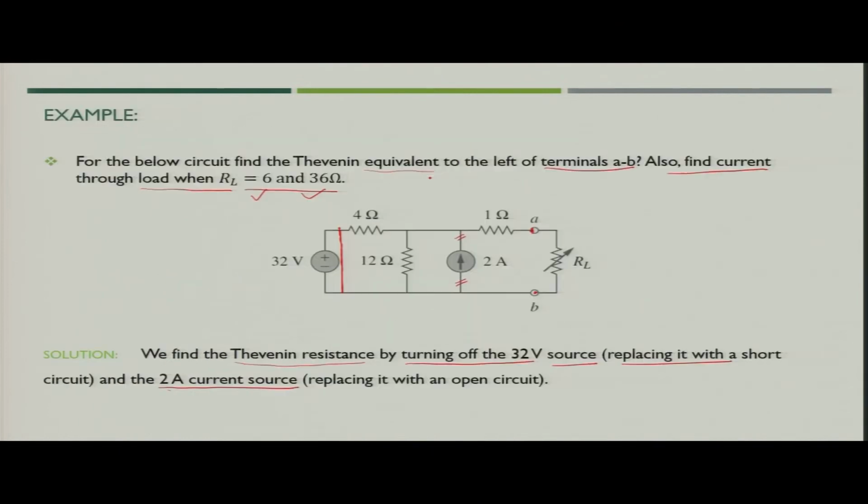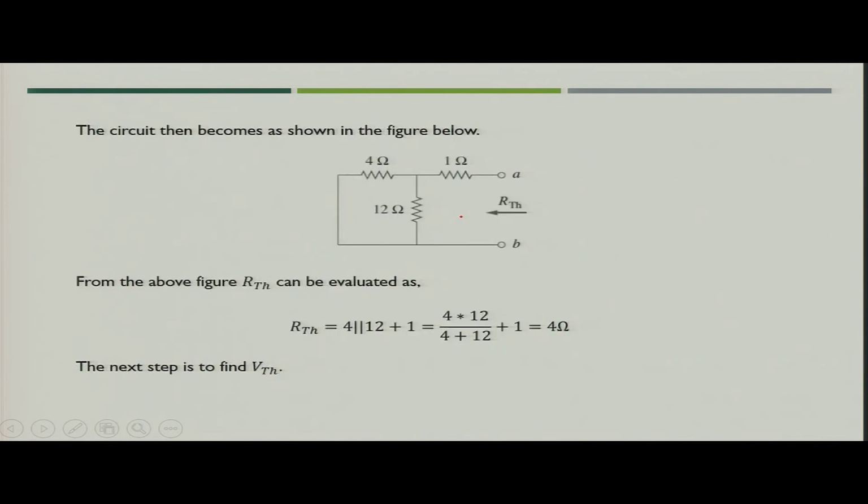We are left with only the 4 ohm resistance in parallel with the 12 ohm resistance, and then finally the parallel combination in series with the 1 ohm resistance. So, when you make the equivalent circuit, the resistance which you will see through these terminals, A and B, gives RTH as 4 ohm, because the parallel combination of these two resistances would give you 3 ohm, plus 1 ohm in series. So, finally, the RTH value is 4 ohm.